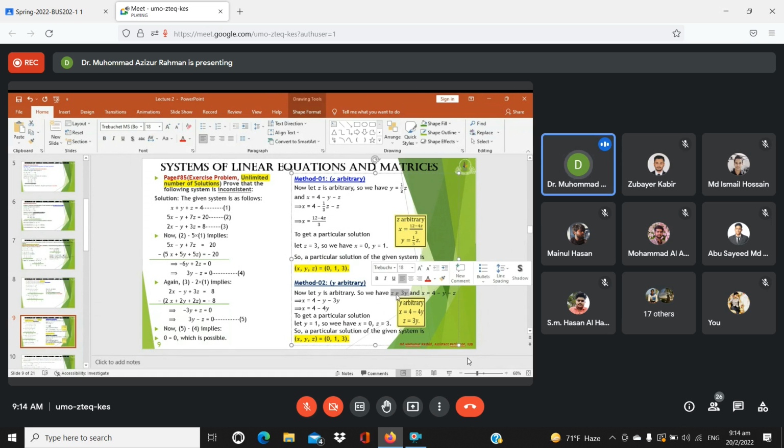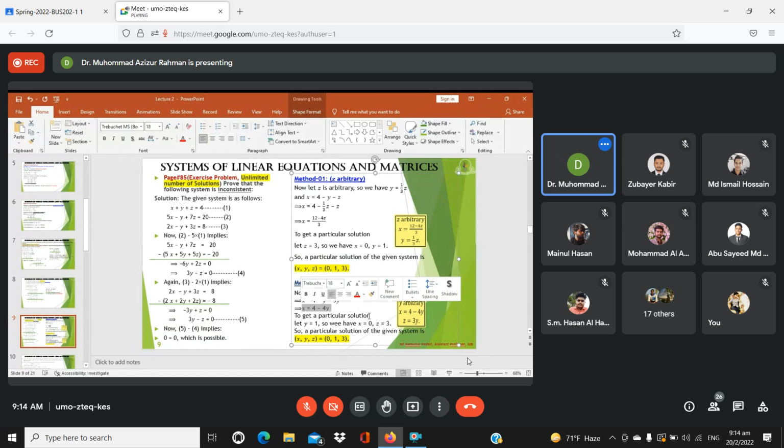And you put the value of z into your equation 1. So x equals 4 minus y minus z, and with z equals 3y, you are getting x equals 4 minus 4y.